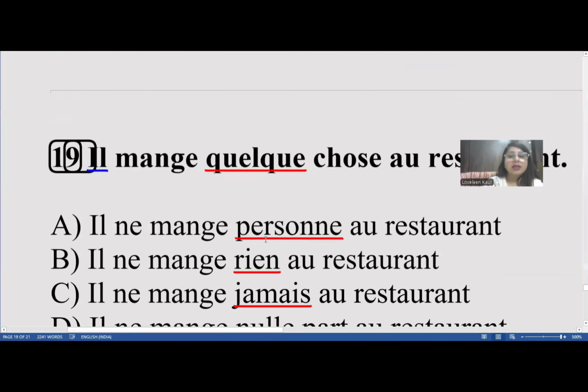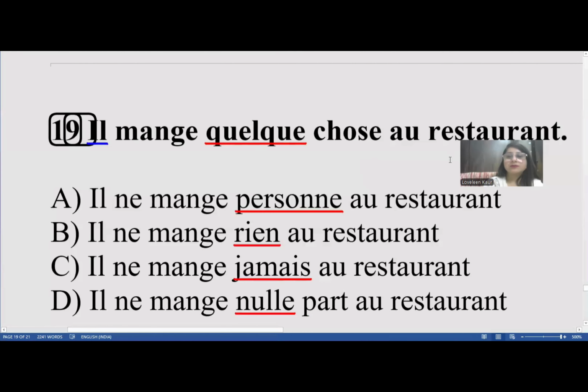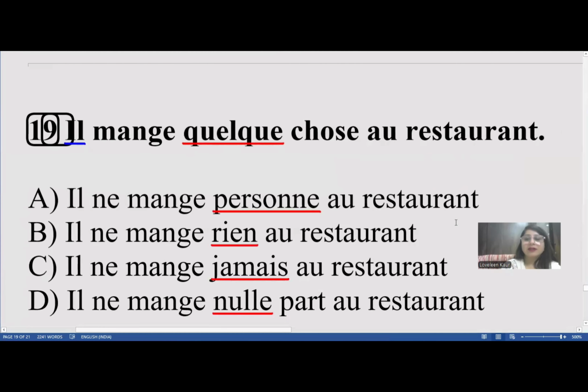Now, let's see 19th number question. Okay, so it is il mange quelque chose au restaurant. He eats something. Okay, you do it. Yes.